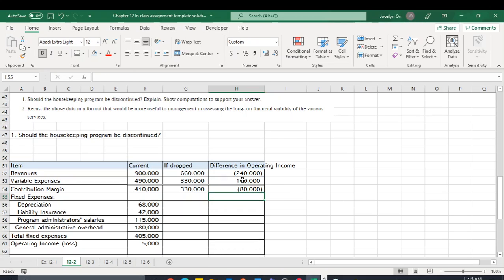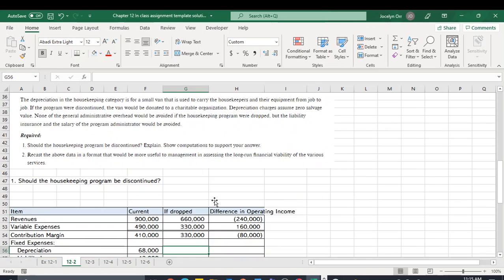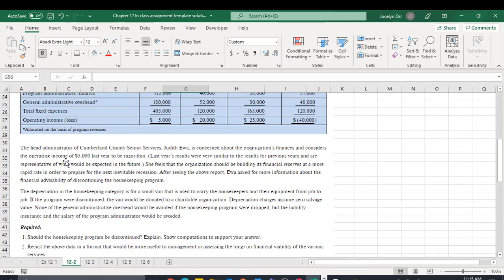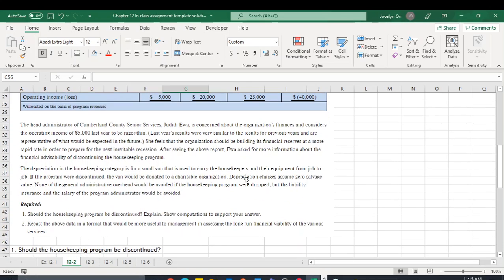One is a negative number, so we're actually adding them together, which is an overall negative or decrease to operating income of $80,000. When it comes to our fixed costs, depreciation charges assume zero salvage value.